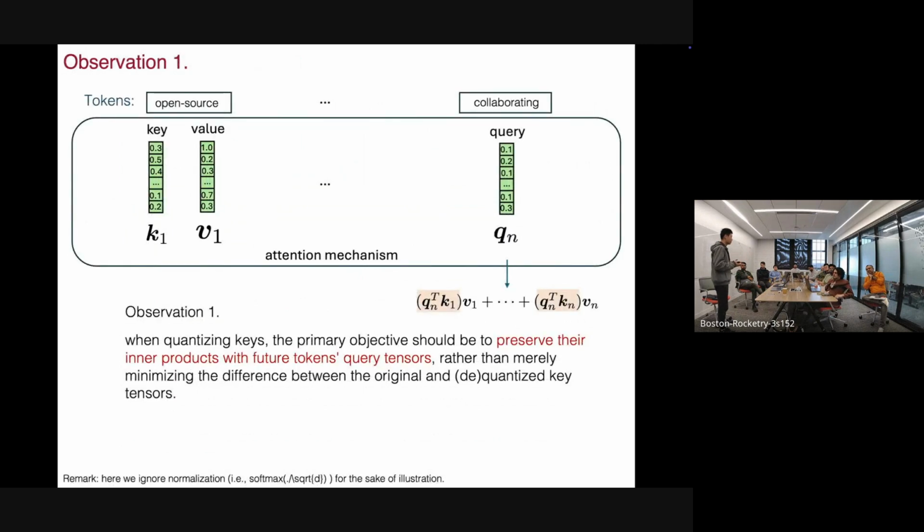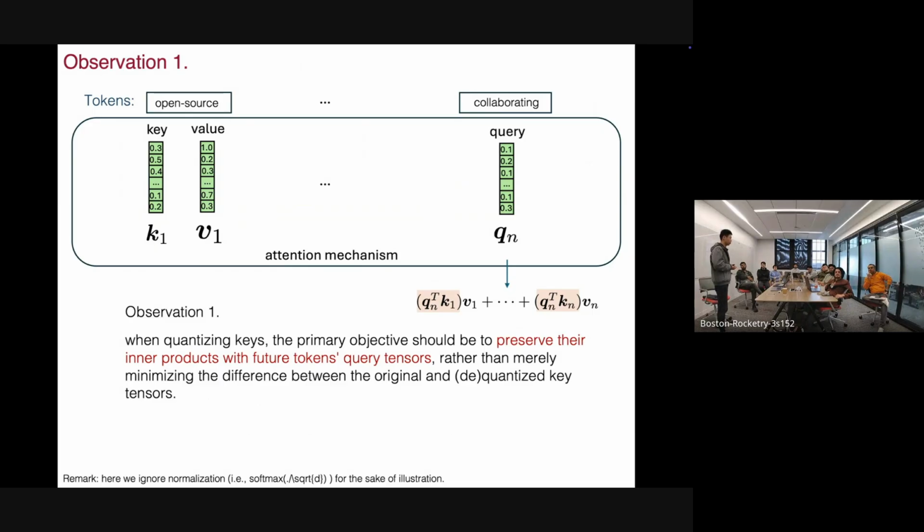Our main innovation is to give a new algorithm for quantizing the K tensor, and that builds upon two observations we have in the paper. The first observation is when you look at the attention mechanism's output, the way you use the K tensor is to compute an inner product with the query tensors of all the tokens after the current token. That means when you quantize the K tensor, the main goal is to preserve their inner product with future tokens' query tensors.